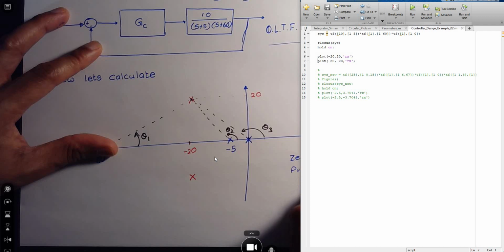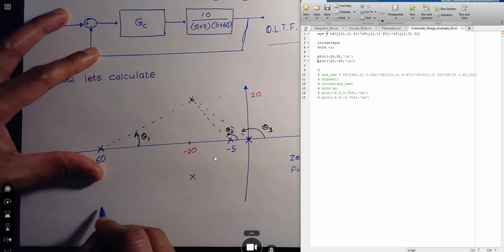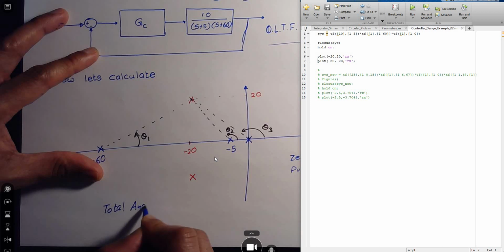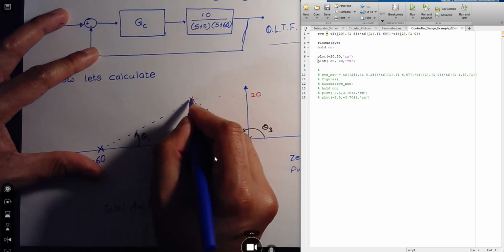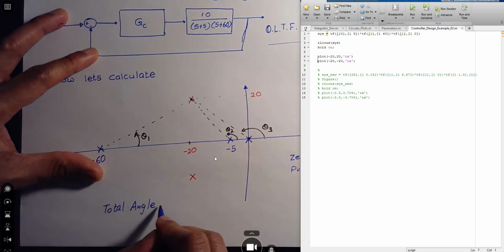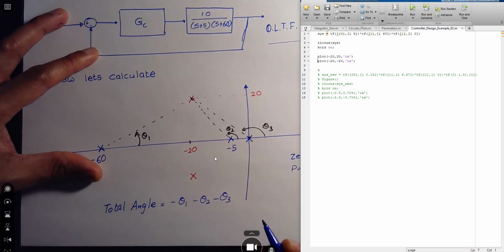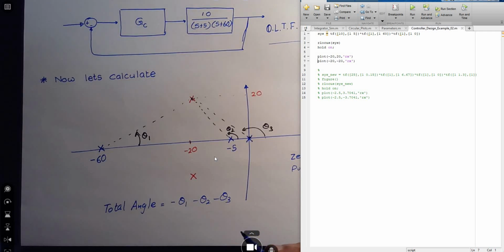So basically our total angle at the desired pole location, one of the pole locations, you don't have to calculate for both, is negative theta 1, negative theta 2, and negative theta 3.